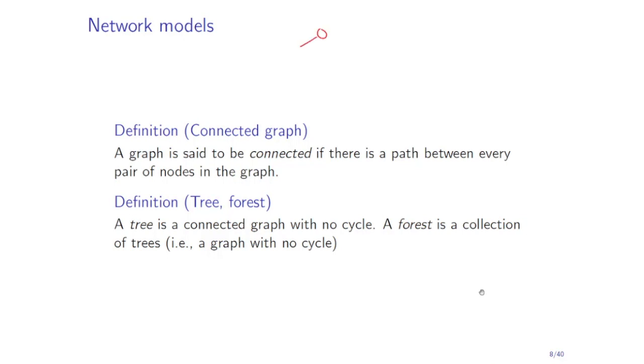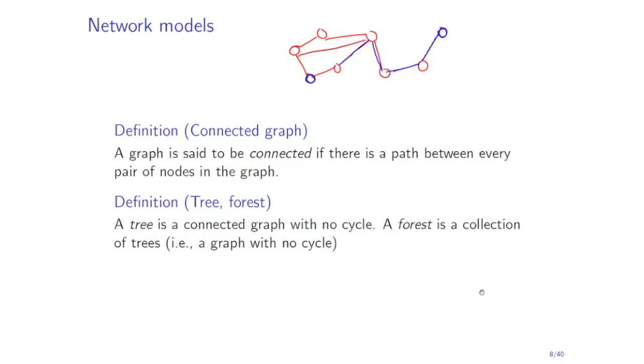So consider a graph like this. Obviously this graph is connected because for every two vertices that you give me, I can show you that there is a chain, there is a path between those two. Okay, for example, between this one and this one, I can follow this path.